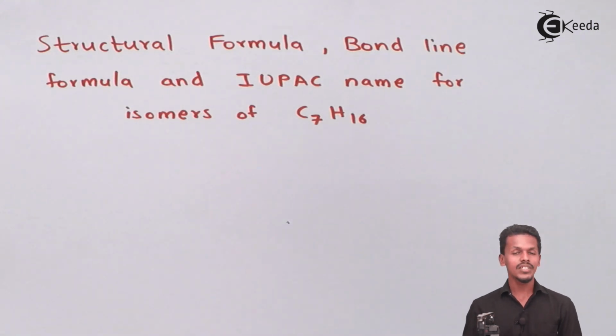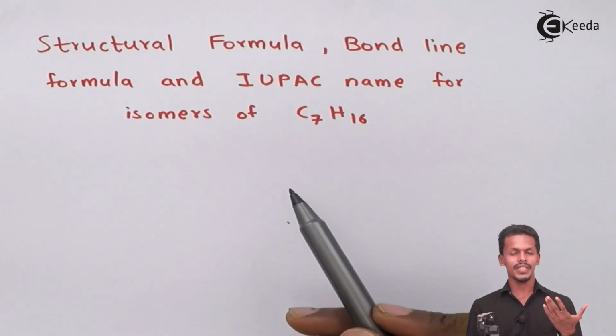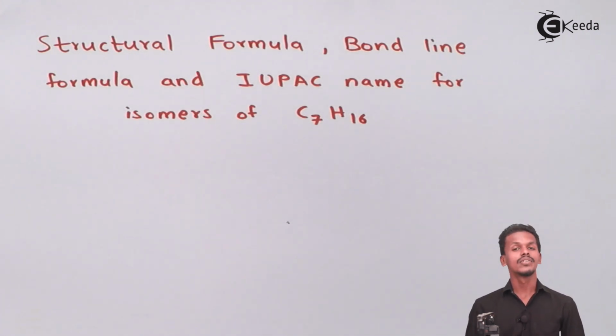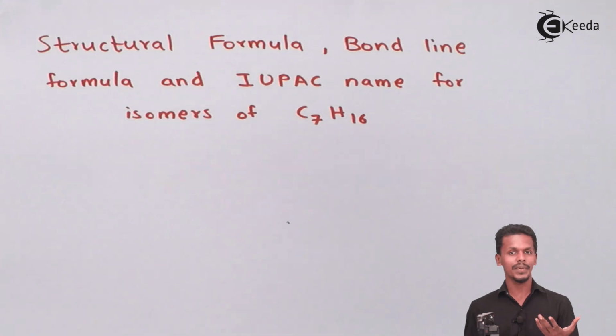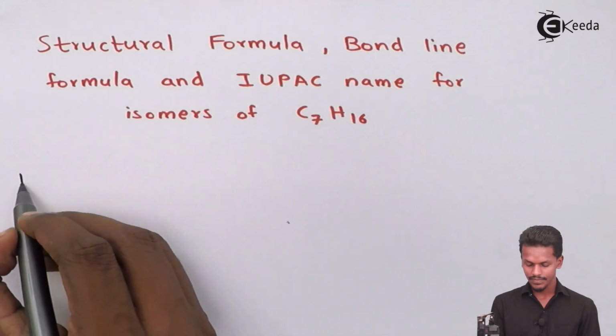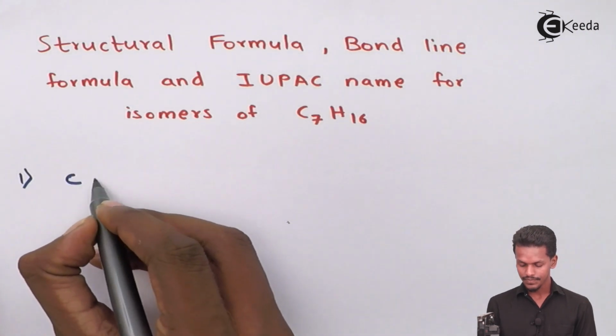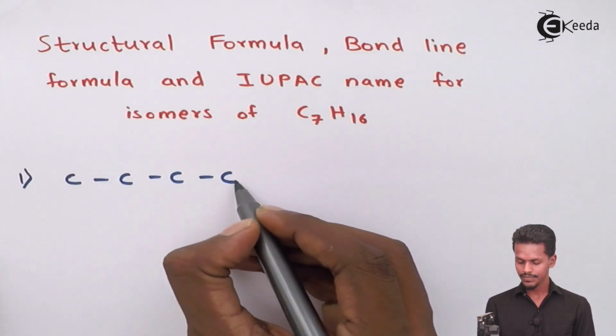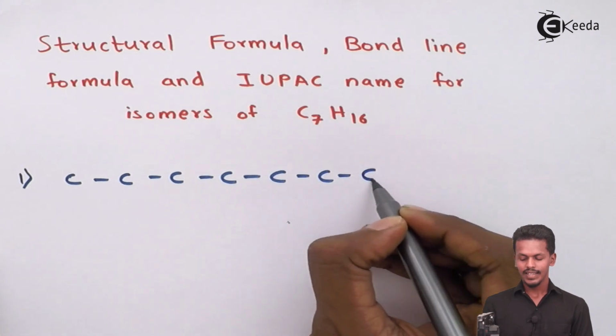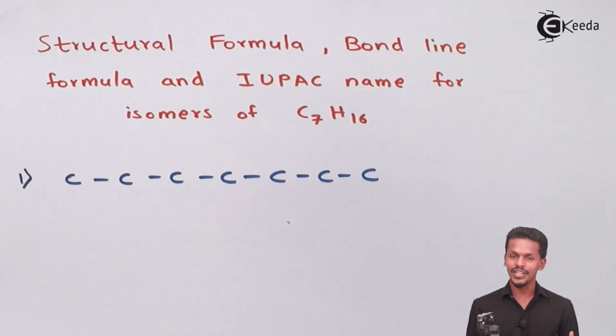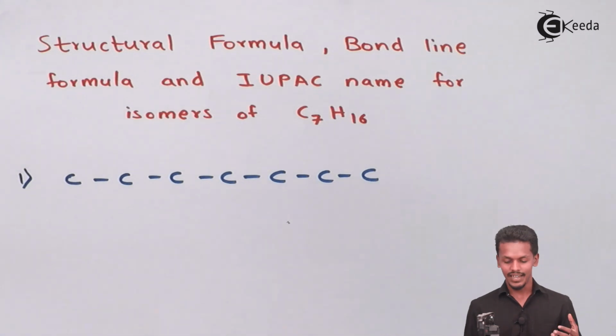So the first molecular formula that they have provided to us is basically C7H16. The structural formula of that can be written in this format: the 7 carbon atoms are present in a straight chain, and we can fill in the hydrogens also.